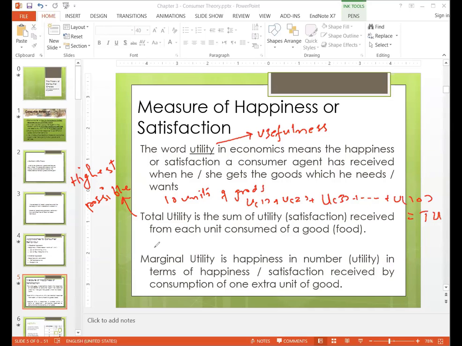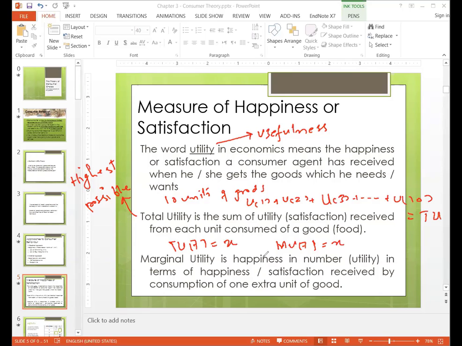So if you have 10 units of good that you consumed, the utility from the seventh good is suppose x, so that will be the marginal utility of 7. I will call it MU7, that will be equal to x, and TU7 will be TU1 plus TU2 plus TU3 plus TU4. So marginal gives us the utility from the last item you used.